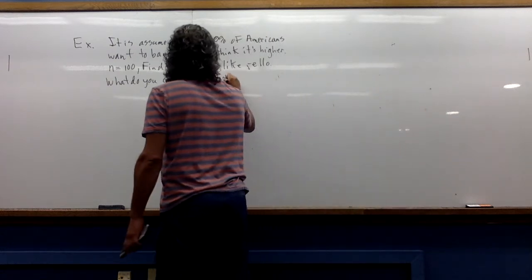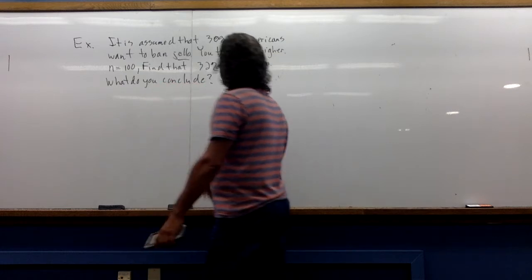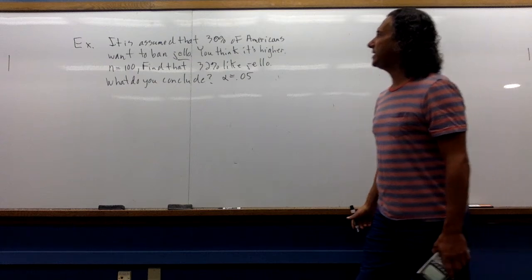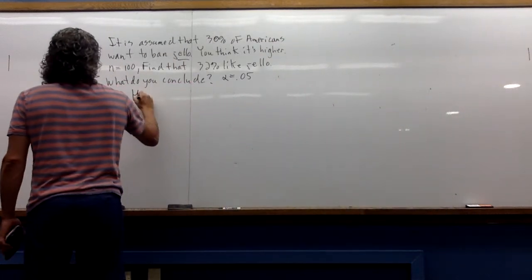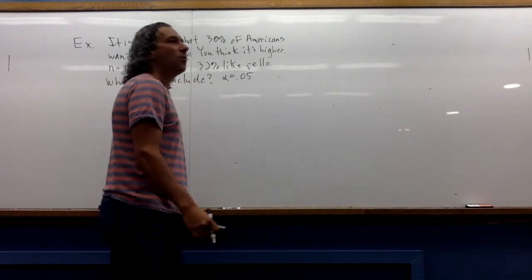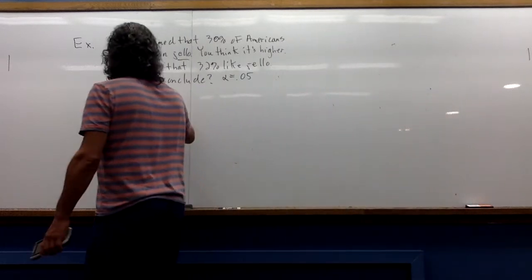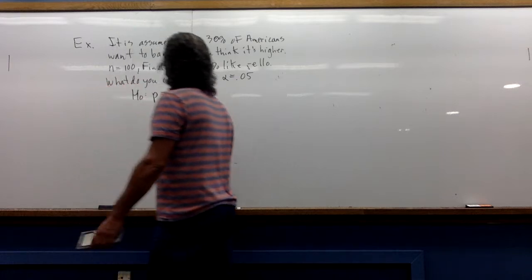For this test, let's use an alpha level again, or a significance level of 0.05. So first step is let's mathematize this thing. So H naught, well, what are we testing? We're testing a proportion. That's what the 30% is. So we're testing that P is 0.3.